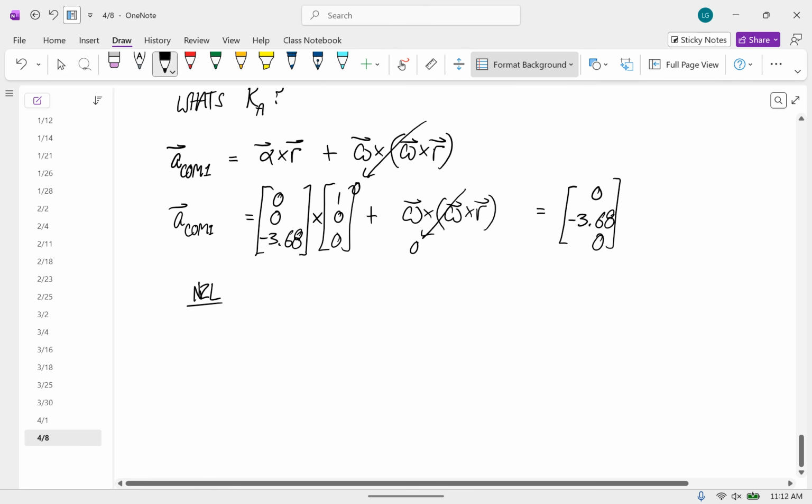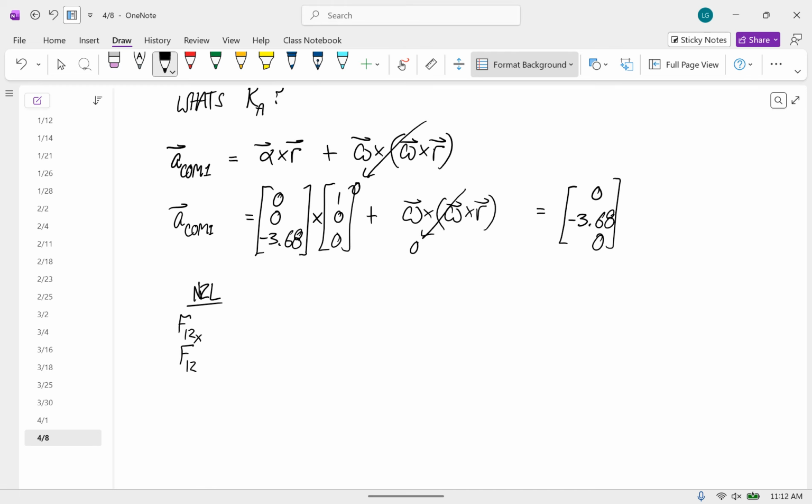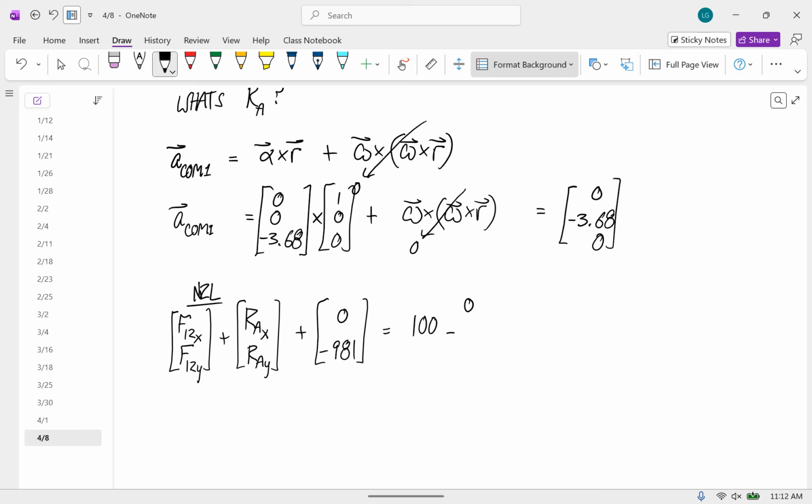We have F12x, F12y, plus RAX, RAY, plus 0, negative 981, is equal to 100 times 0, negative 3.68.